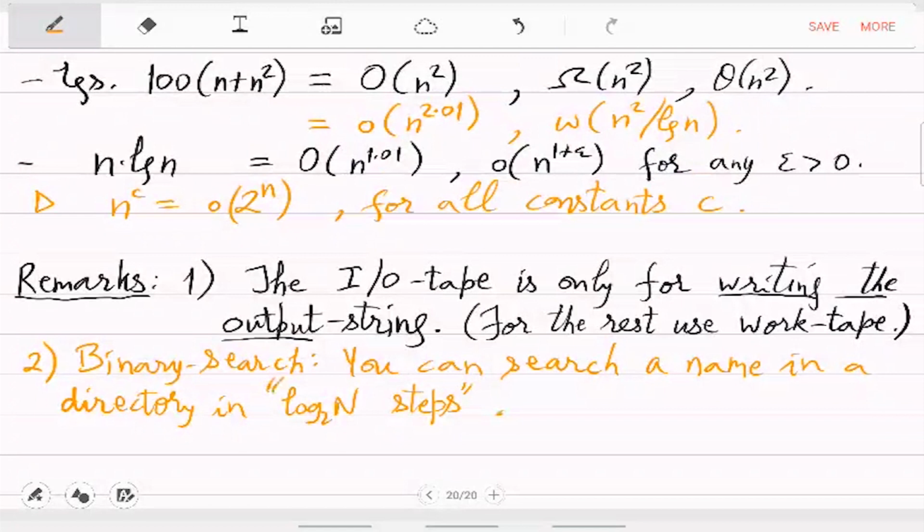So that jump will actually already take n/2 steps. So this log n step algorithm, which you keep seeing in binary search, is actually not in the Turing model. Okay, there you assume random access, and Turing machine does not have random access. So it doesn't mean log n time.